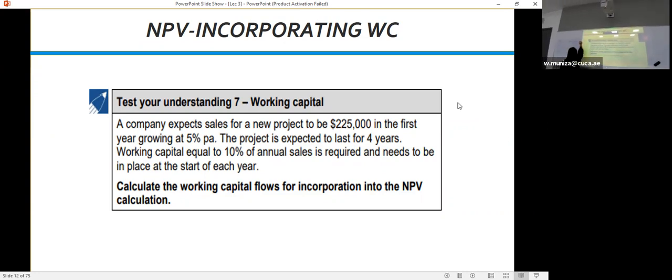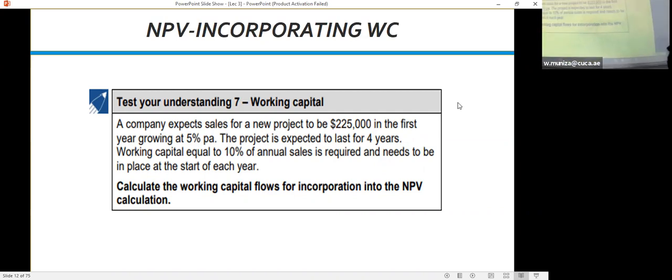For the year 2, you take n as 2, right? Yes. So when I do the same thing, 225,000 times 1.05, I do not have a scientific calculator.